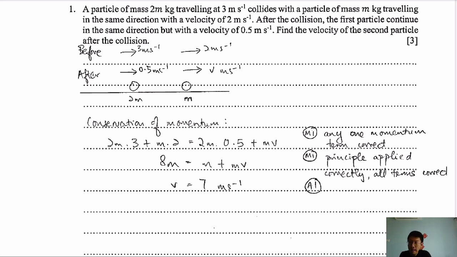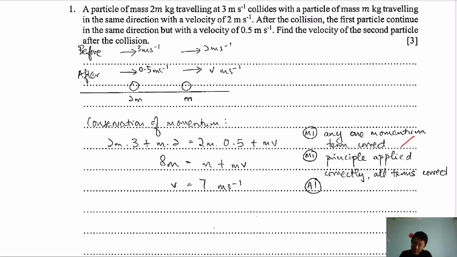How the marks are awarded in this case: the first mark is given when we see any momentum term is correct. So if any one of your m1u1, m2u2, m1v1 or m2v2 is correct, with the correct value substituted, you get this first mark.